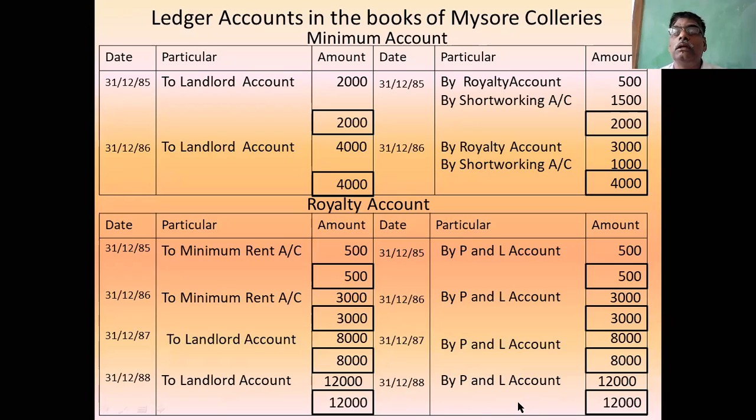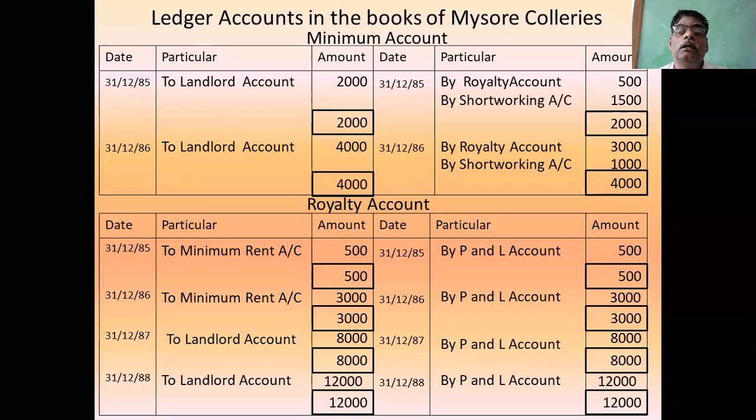What is the change in this method compared to the first method, the original or general method? Here is the debit side change. Minimum rent is taken for the first year and second year because in the first and second year we opened the minimum rent account and the royalty is transferred to the minimum rent account.